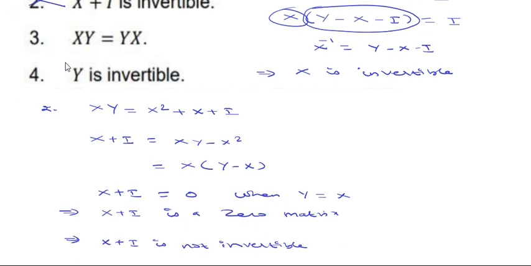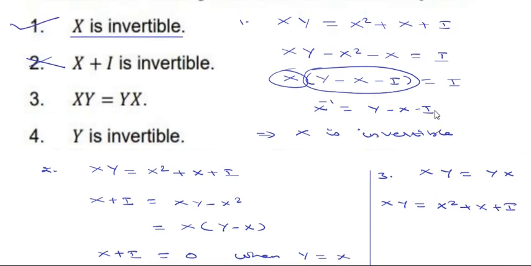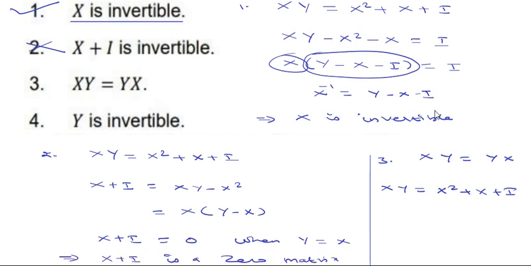So next we will check the third one, xy equal to yx. From the given equation, we have xy equal to x square plus x plus I. From the first option, we have proved that x is invertible.